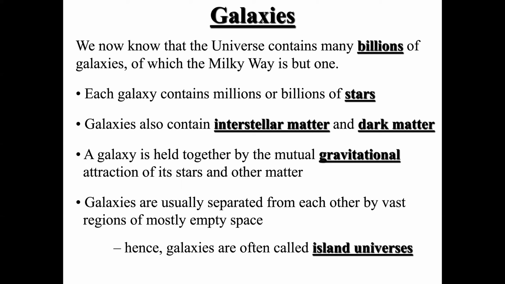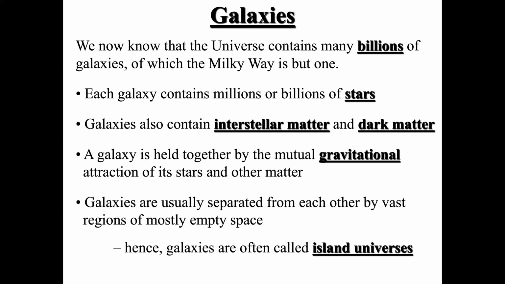Now, coming back to galaxies, after resolving this issue, now we know that there are several billions of galaxies in the universe. The Milky Way is just one of those, right? So you can see that our position in the universe is a very, very tiny position, right?